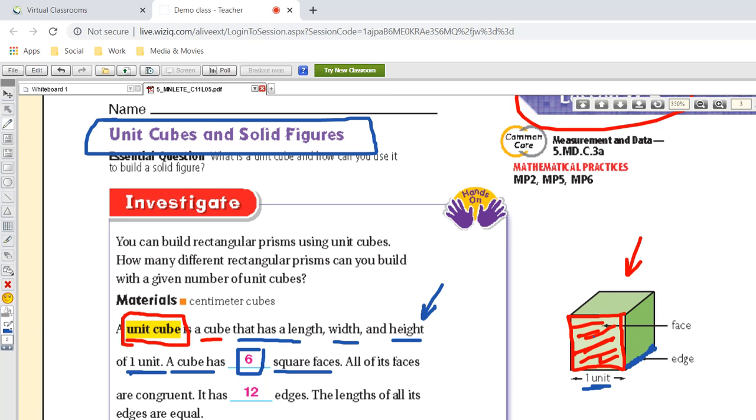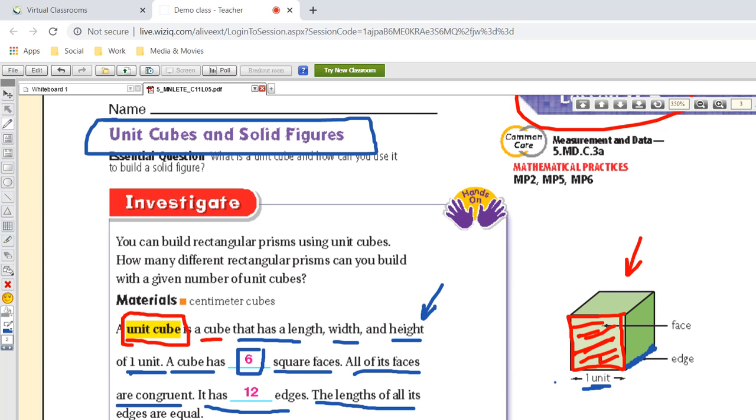So all the faces equal 6 square faces, and all its faces are congruent. All its faces are squares, because the edges are congruent. So it has 12 edges and the length of all its edges are equal.